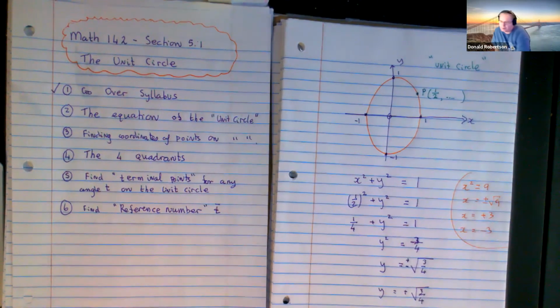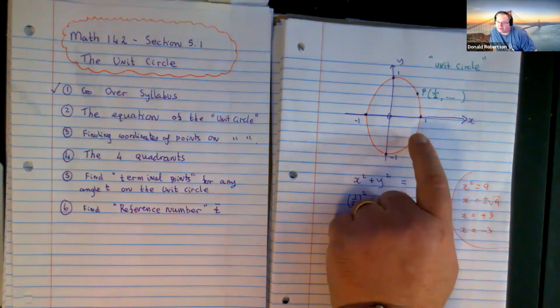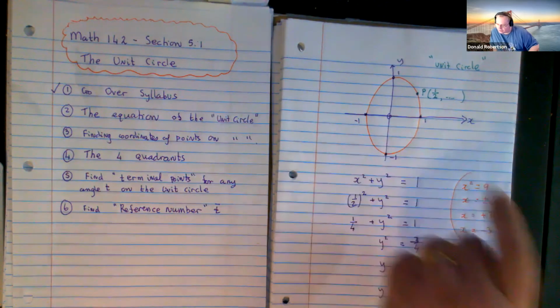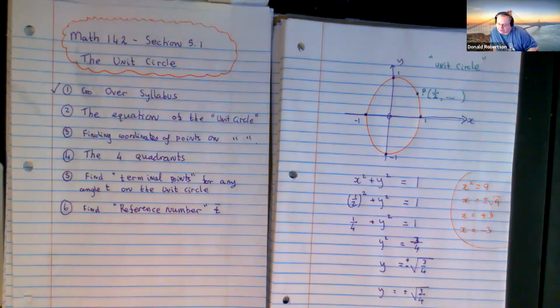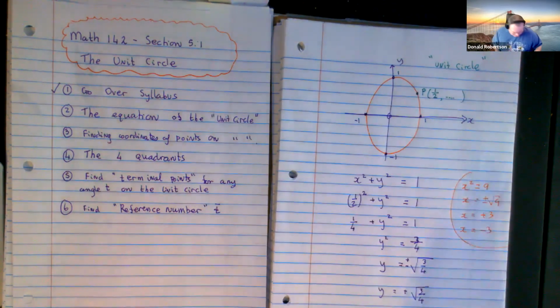Are you comfortable about why I chose that answer and not the other one, right? For instance, if I put my P where my finger is here, right? Wouldn't I be picking the negative answer for the y coordinate? Would you agree this one has a negative y coordinate? So very often, they're going to give you a clue to which of the plus or minus you should choose. In this case, the clue is it's a picture, right?